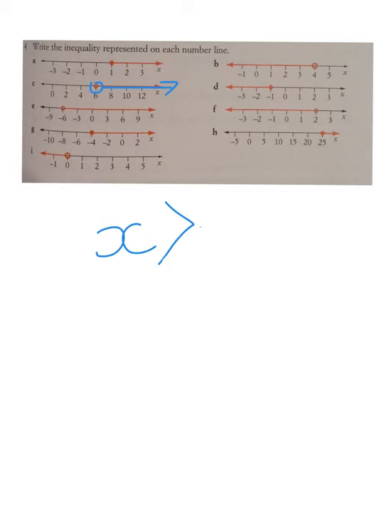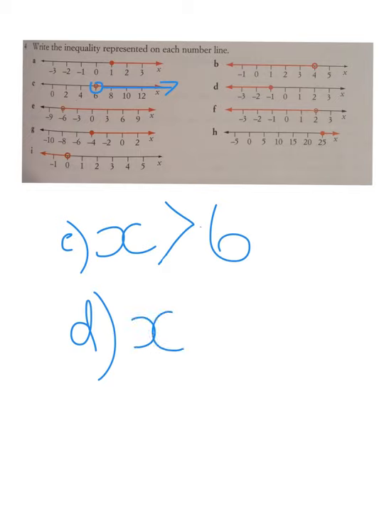Let's have a look at D. X, now it's a closed dot, so that means it's equal to -1. So X is less than or equal to -1.